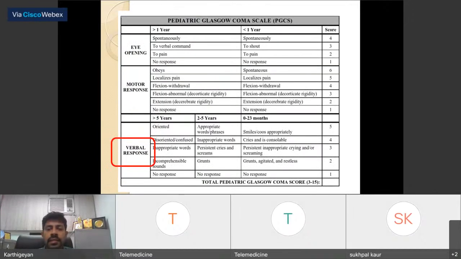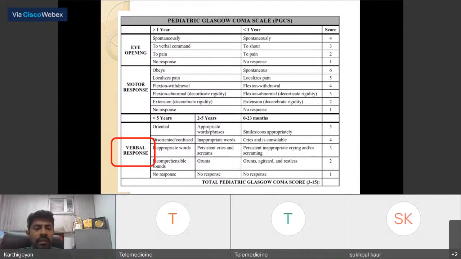So the GCS in children is slightly modified when compared to adults. This is the pediatric version of the GCS. The main difference is in the verbal response. The motor and eye opening commands remain the same.